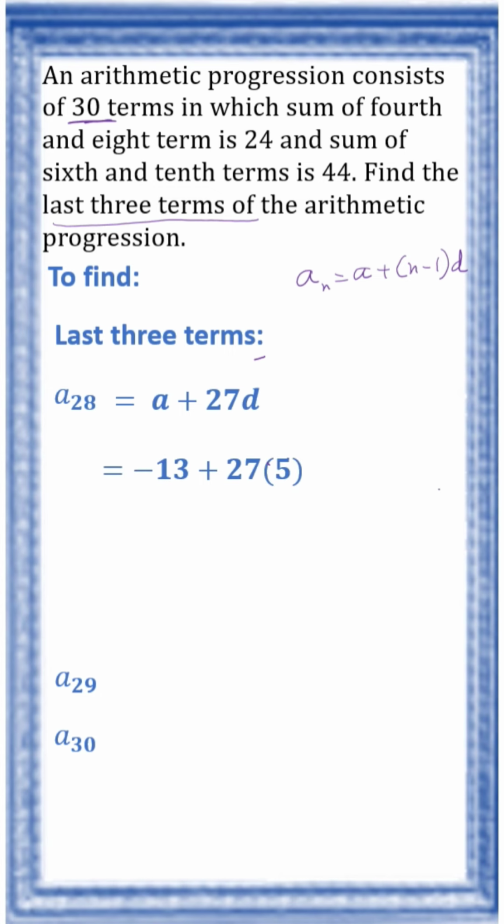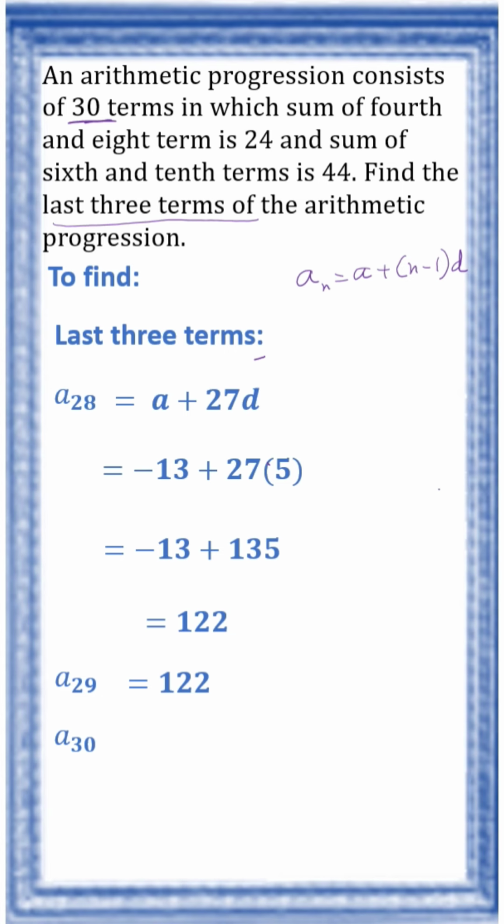A is negative 13, d is 5. So 27 into 5, what is it? 135. Minus 13 plus 135, that is equal to 122. So the 28th term is 122.